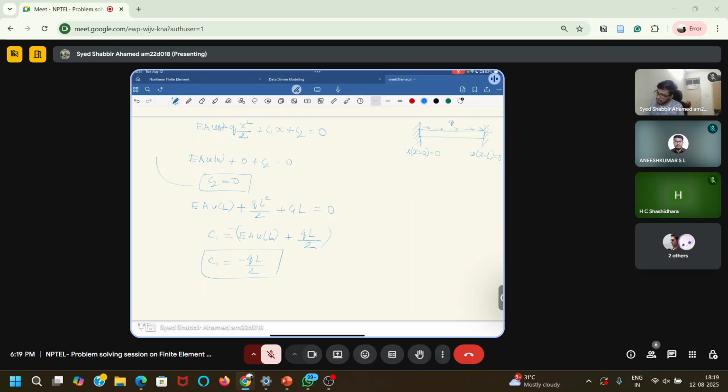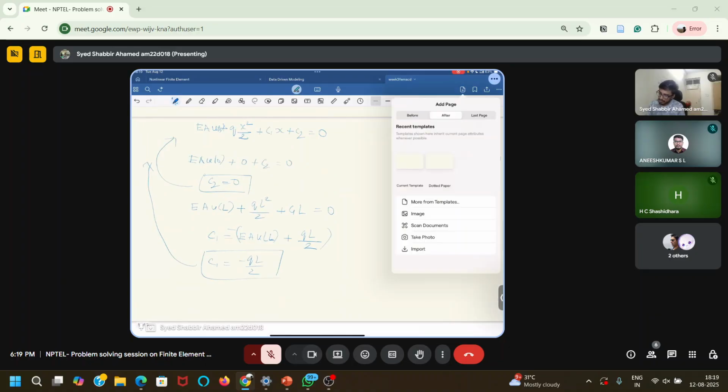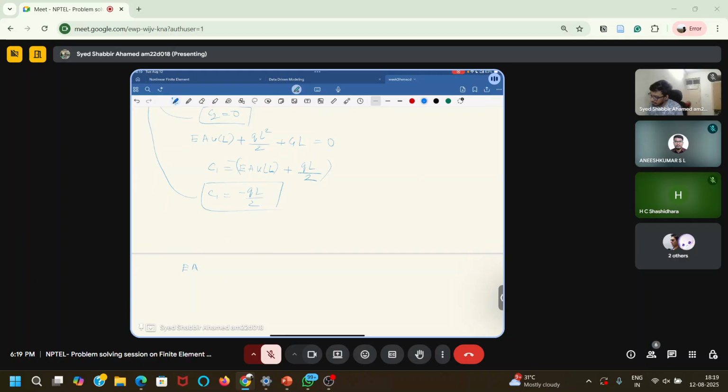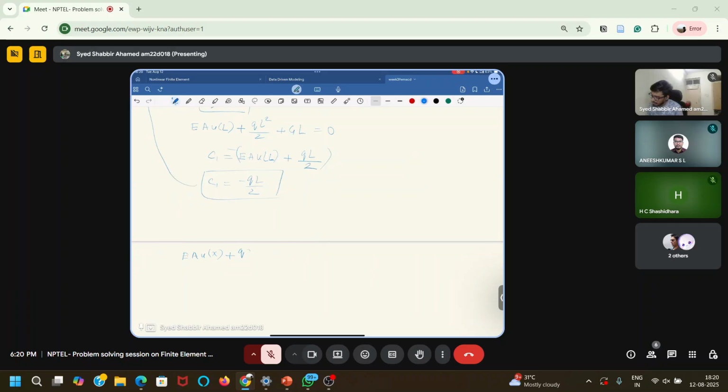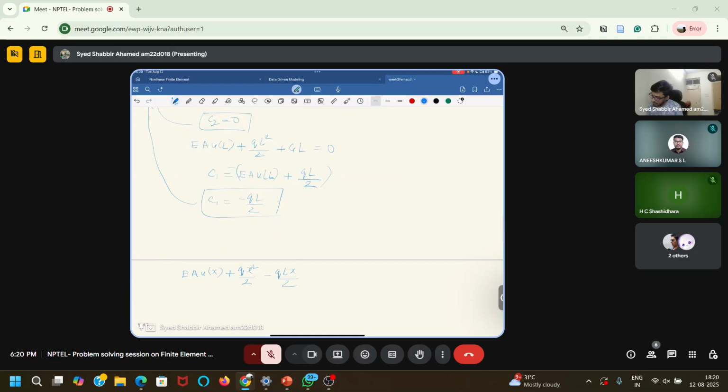So now I substitute both C1 and C2 in this. I substitute this, I'll get VA into u of x plus q into x square by 2 plus C1, which is qLx by 2, plus... yeah, this is VA by L. Okay, fine.